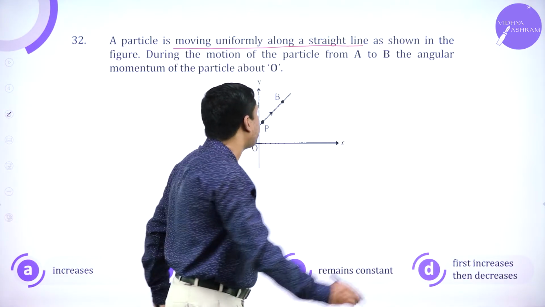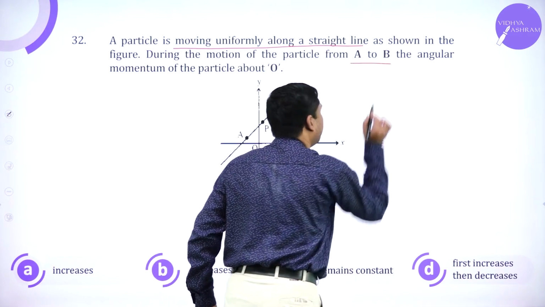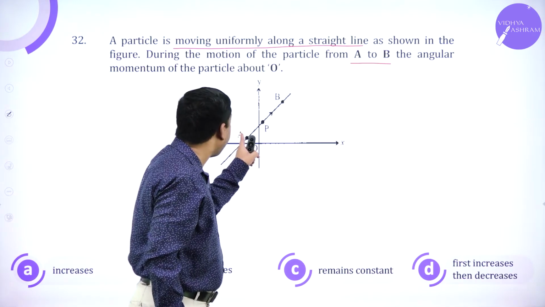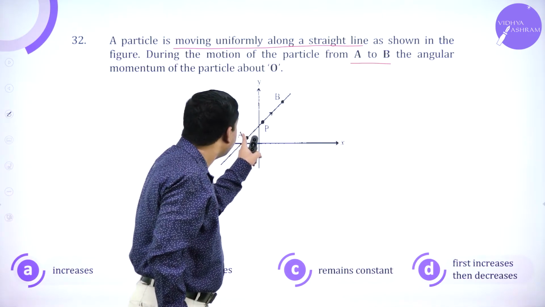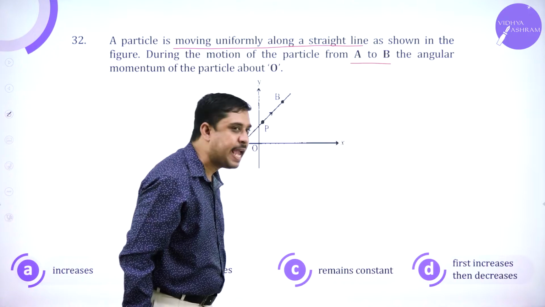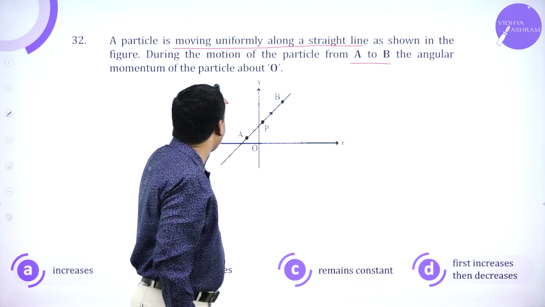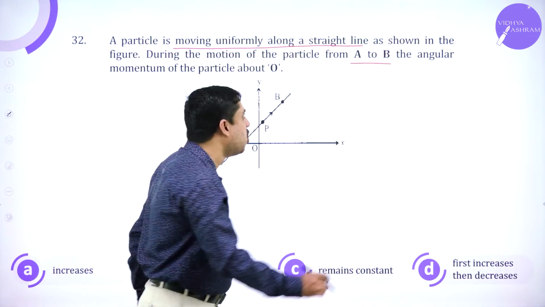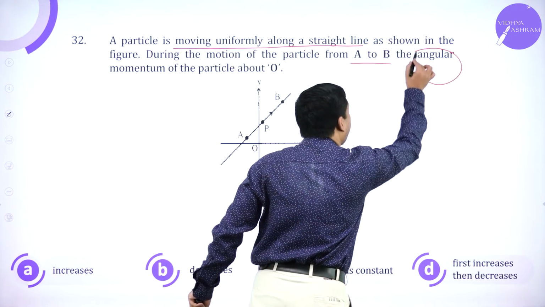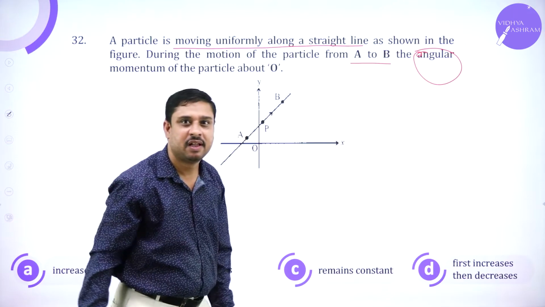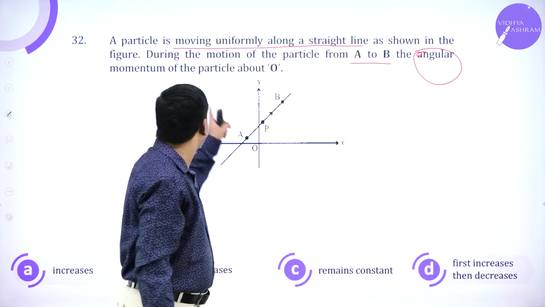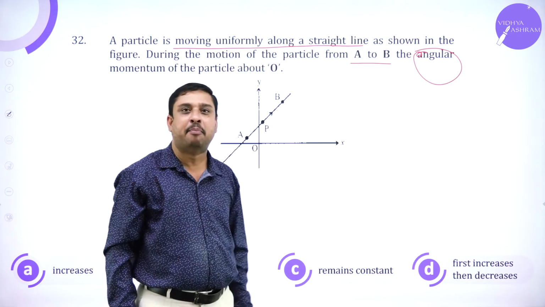During the motion of the particle from A to B, as the particle moves from A to B, the angular momentum of the particle, please note, angular momentum of the particle about O.